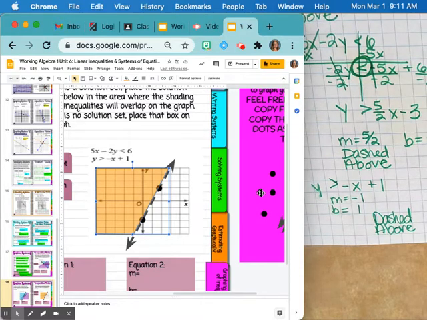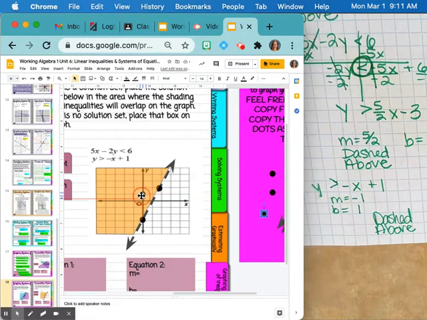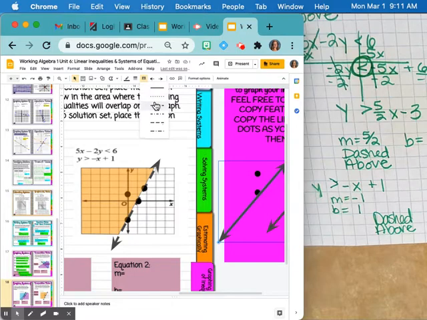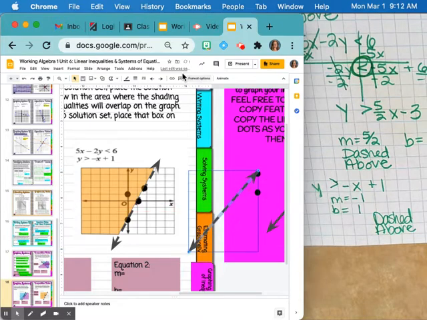All right, so we plot our point at positive 1. Then we do down 1, right 1. We need a line. You can take this line and you can make it dash, just by clicking on the line and then changing it to dash. Did y'all see how I changed it? You go up here to this option.